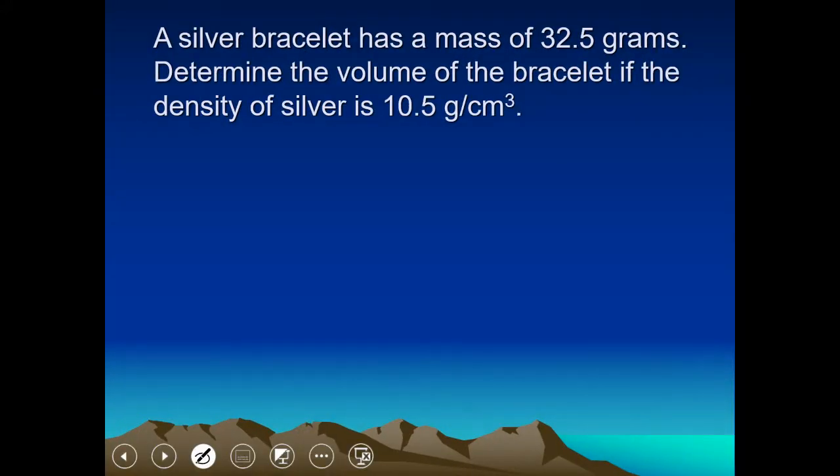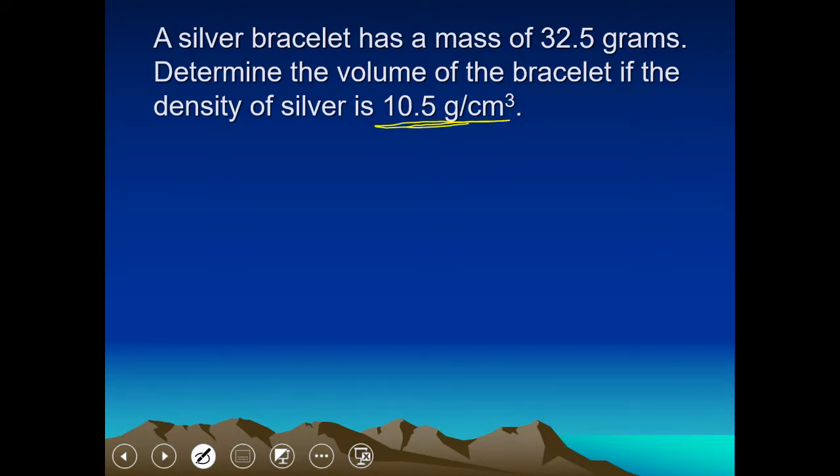Okay, how about a problem like this? I literally took a silver bracelet one time and I weighed it. And I was able to, by water displacement, see if this calculation worked out, and it does. And we know that if it's made of pure silver, the density is 10.5.